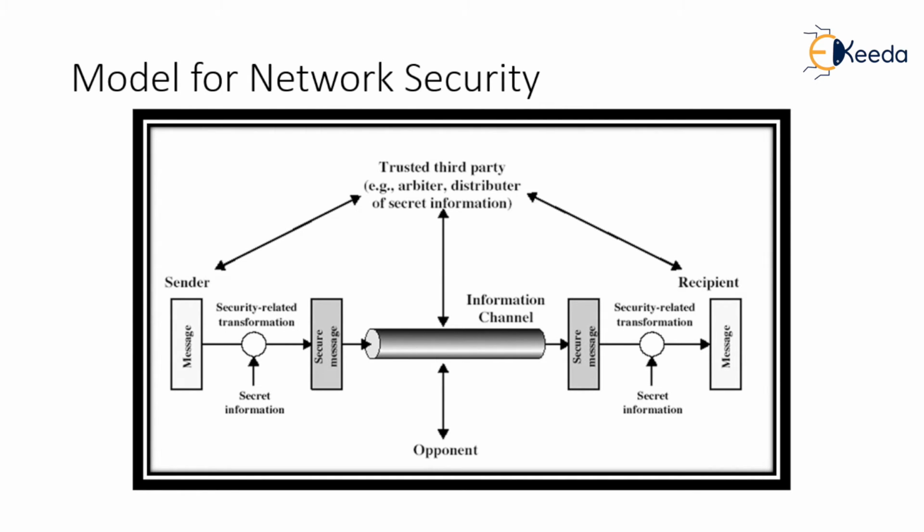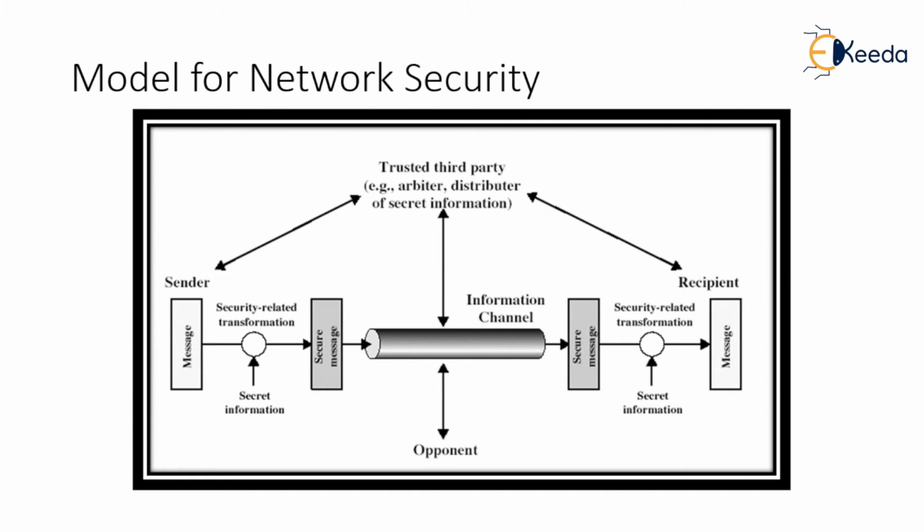First, a security related transformation on the information to be sent. Second, the addition of a code based on the contents of the message, which can be used to verify the identity of the sender. Some secret information is shared by the two principals, and it is hoped unknown to the opponent.